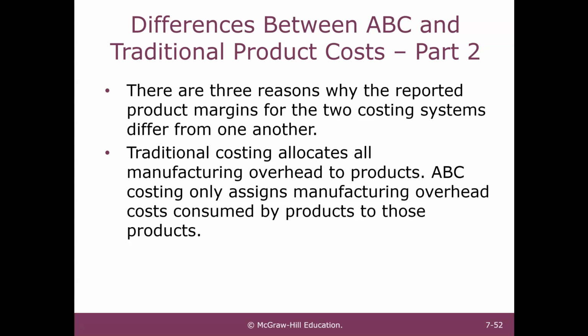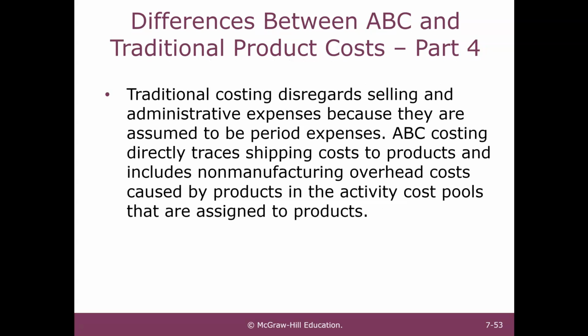Traditional costing allocates all manufacturing overhead to the products, where the ABC only assigns manufacturing overhead that is consumed by those products in that cost pool. The traditional costing disregards the selling and administrative because they see that as a period cost.